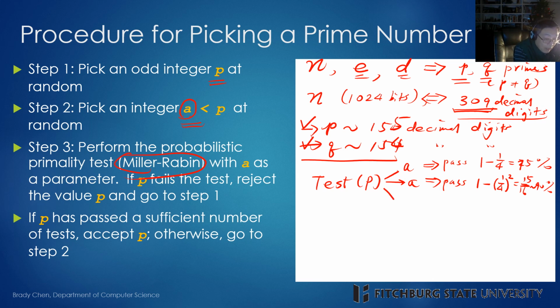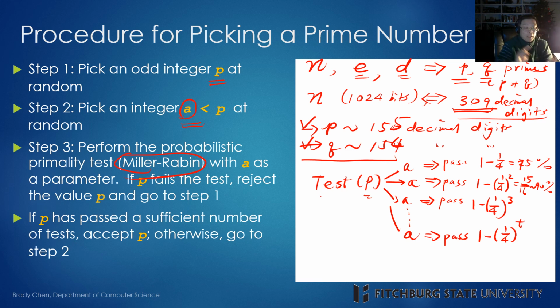Now, if we pick another a and we pass Miller-Rabin again, the chance that p is a prime number is 1 minus 1/4 to the cube. So we keep doing the testing. If we test t times and pass the test every time, then it should be 1 minus 1/4 to the t.